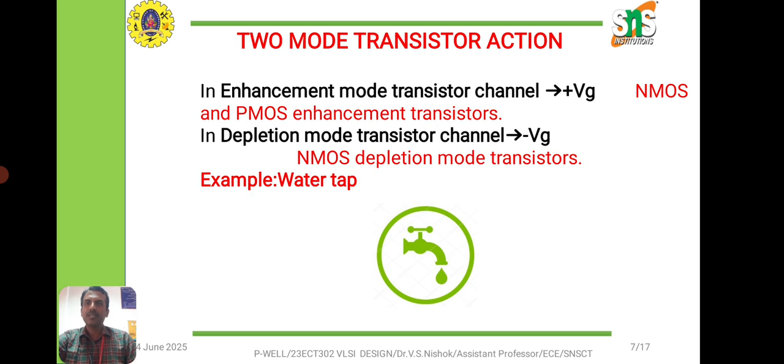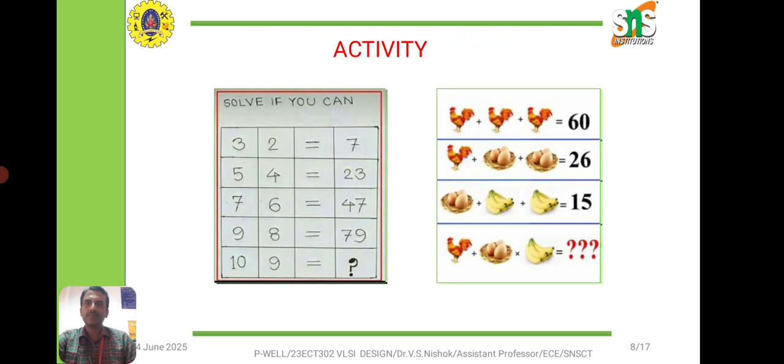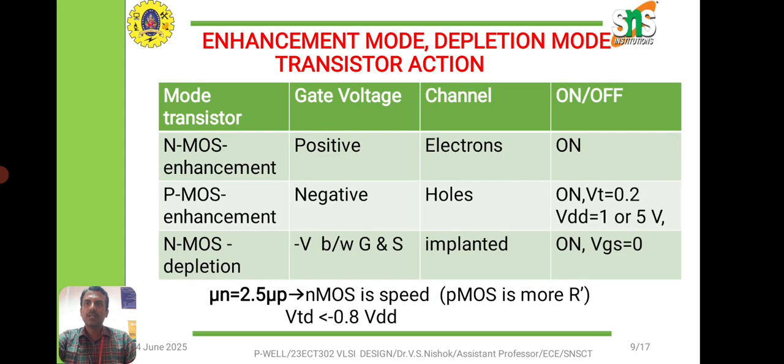That is the enhancement mode transistor. In the depletion mode transistor, the voltage at the gate terminal should be negative, and it reduces the conductivity. Example, a water tap.